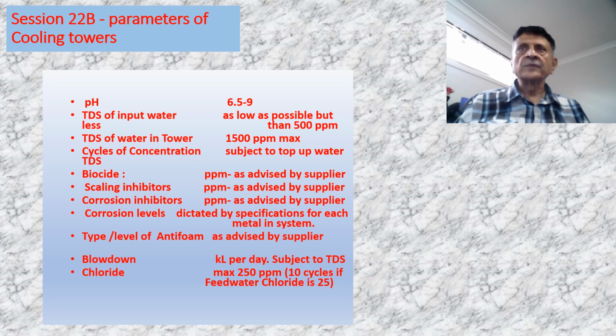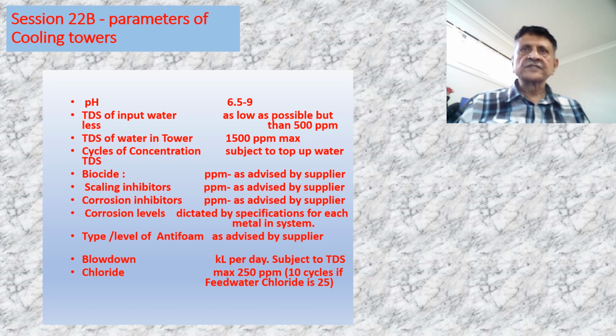Then the TDS of input water must be as low as possible. Less than 500 ppm means you can have a higher turnover. If it is 20 or 30 or 40, you can have a very high turnover. If it is more than 500, then you have a very low turnover. The TDS of the water, 1500 ppm, has to be the maximum.